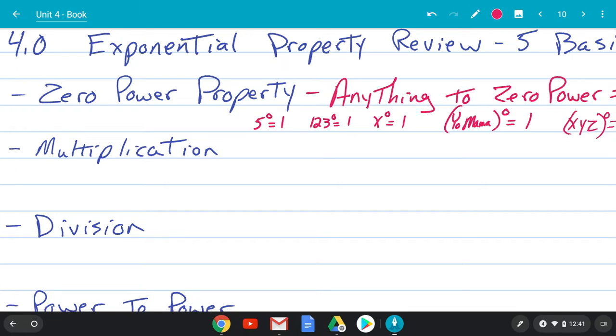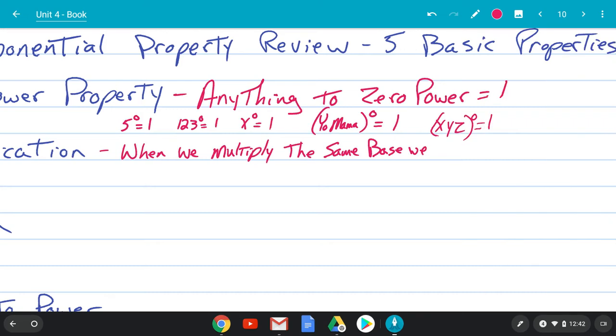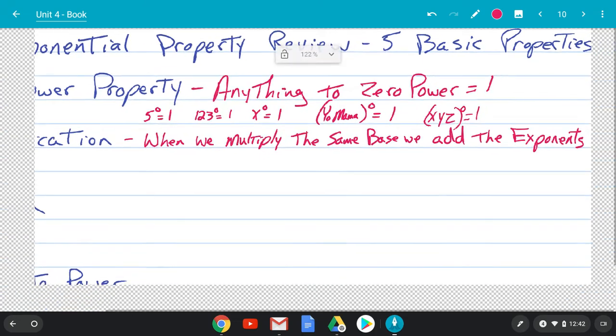The second property is the multiplication property. When we multiply the same base, we add the exponents.